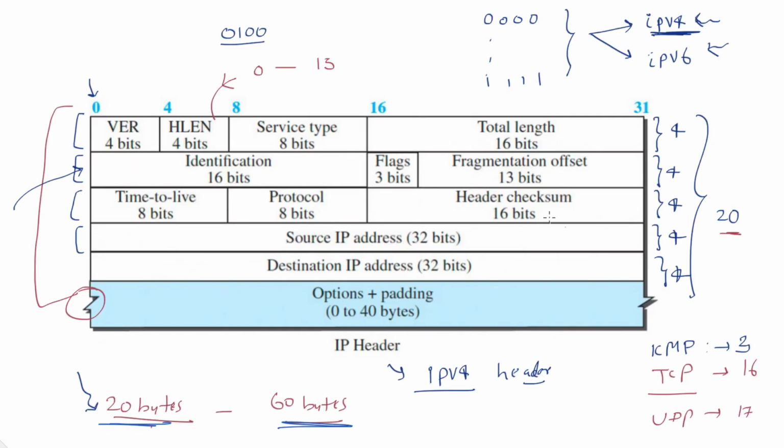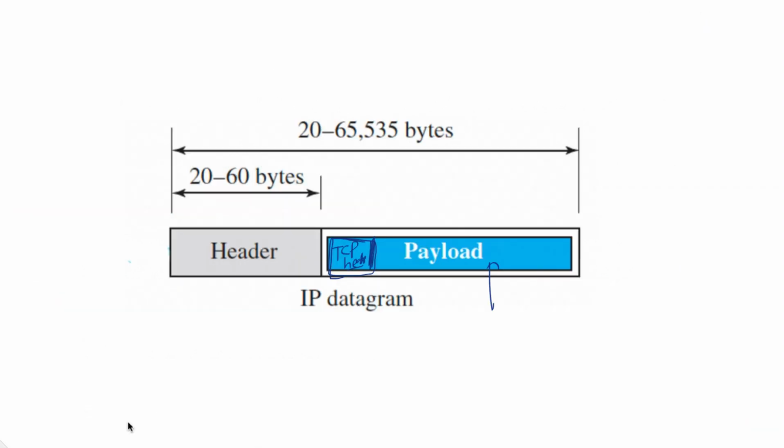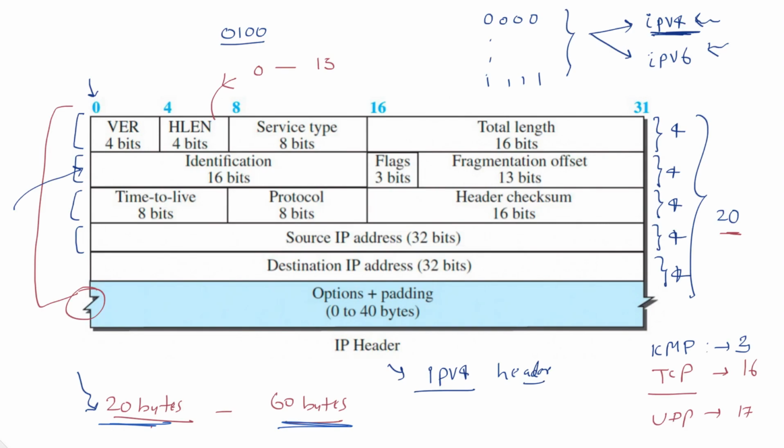Now there is another field, which is the header checksum. As the name says, it is used to detect errors in the header. IP is an unreliable protocol, which means IP does not care about errors in data. If you are sending data and the data is corrupted, IP does not care about it, but IP cares about the error in the header.